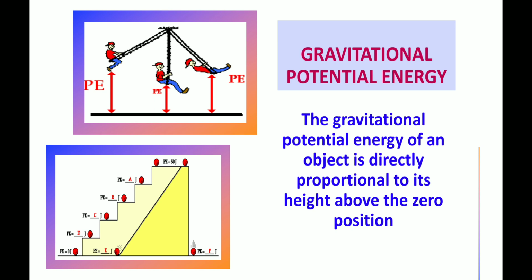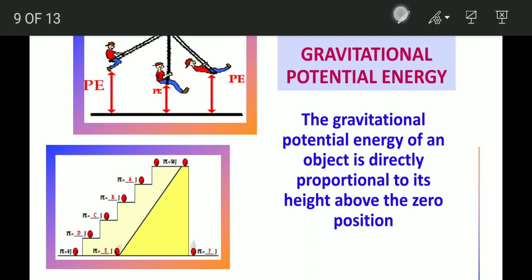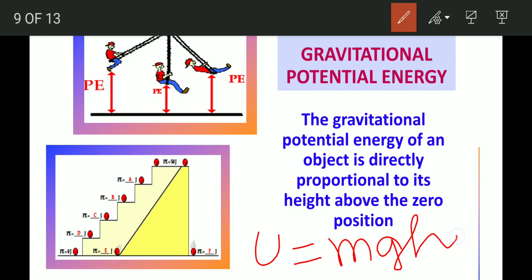Gravitational potential energy of an object is directly proportional to its height above the zero position. As mentioned in the previous slide, gravitational potential energy is given by the equation mgh, where m is the mass of the body, g is the acceleration due to gravity, and h is the height.